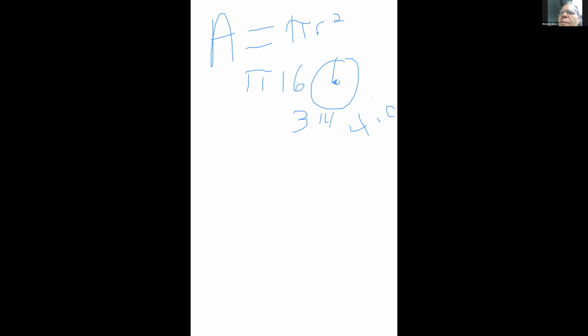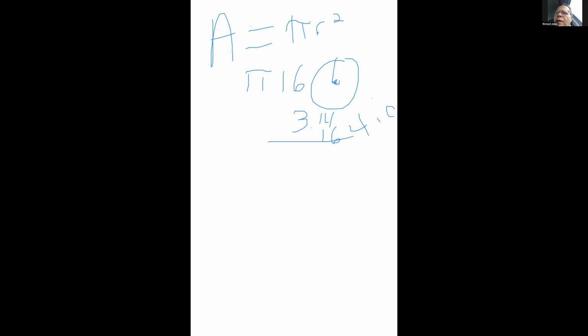So then you would take your 3.14 and multiply by 16. And then that would give you the area of the circle itself. Remember how when you multiply inches times inches, it ends up being inches squared. Anytime you have area, it's always going to be inches squared. So that's going to be the result. So let's see here. Go back.